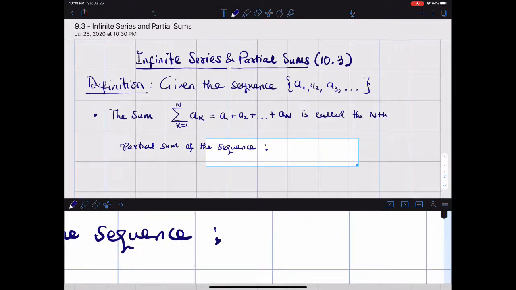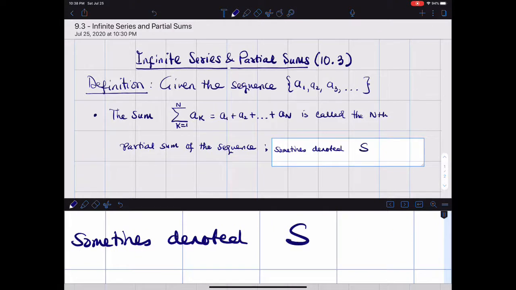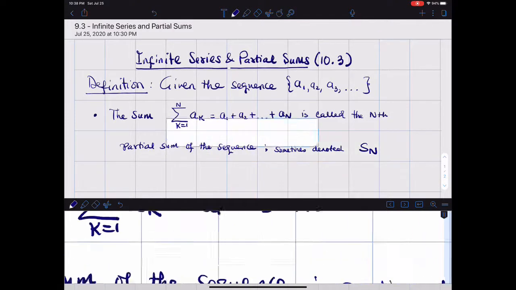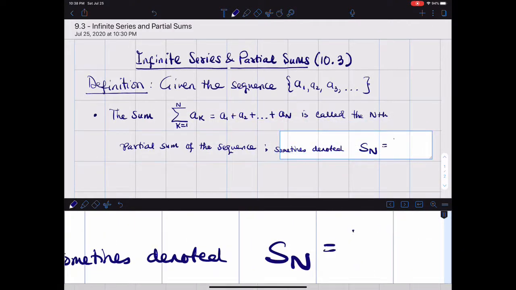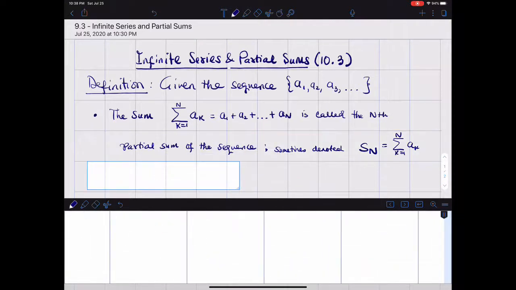Sometimes this is denoted as Sn, right? So Sn is just the summation of Ak, k from 1 to capital N.